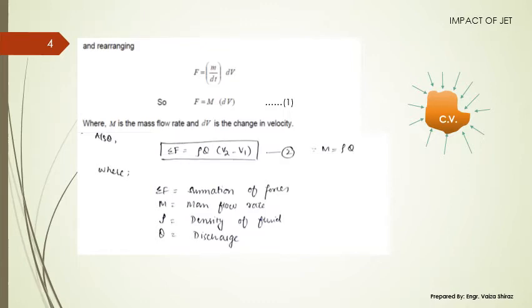So over here the summation of F is the summation of the forces, m is the mass flow rate, rho is the density of the fluid, and q is the discharge or the volume flow rate.